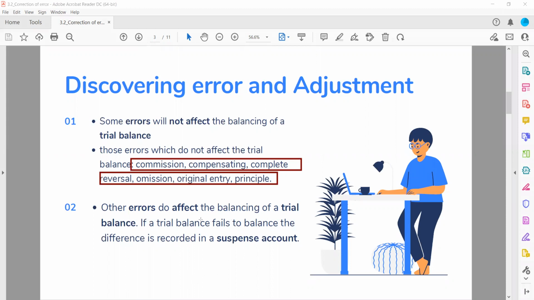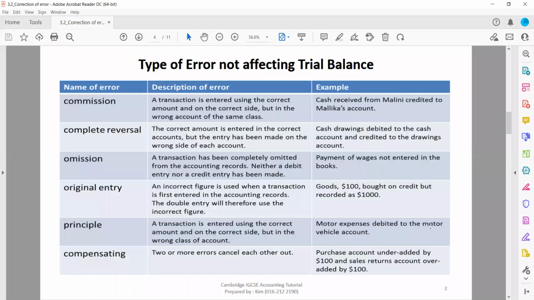If a trial balance fails to balance, if the error affects the trial balance, then we have to use a suspense account to balance off while we find the error. These are the 6 errors which do not affect the trial balance.